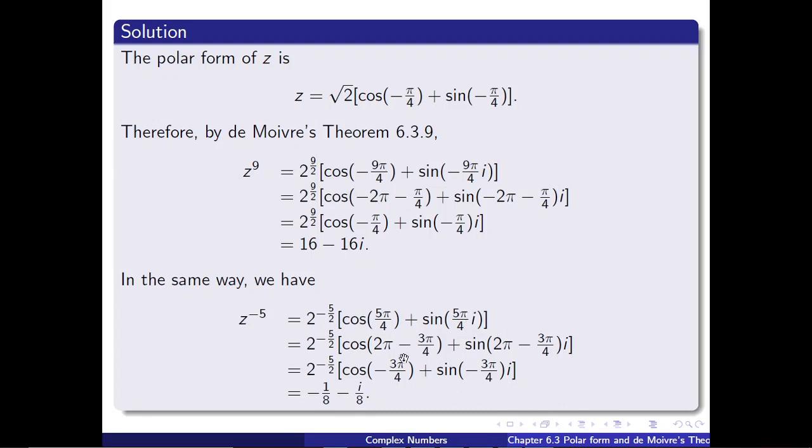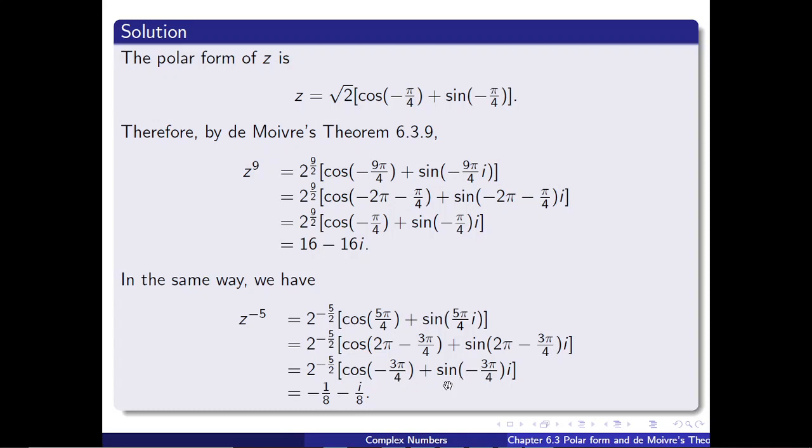And then if we simplify that, we can see that 5 pi over 4 is not between minus pi and pi. So what do we do? We express this as 2 pi minus 3 pi over 4, and then we can always remove the multiple of 2 pi because it doesn't affect the angle here, and then we are left with minus 3 pi over 4, which is between minus pi and pi, right?